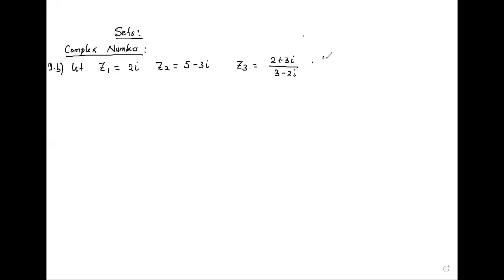Express the following complex numbers in the form a plus bi, where a and b are real numbers.